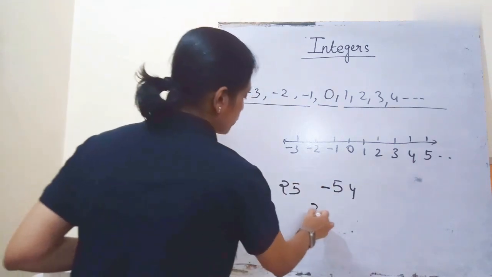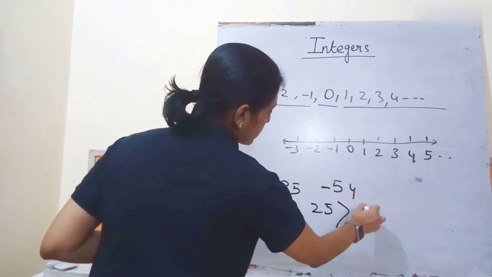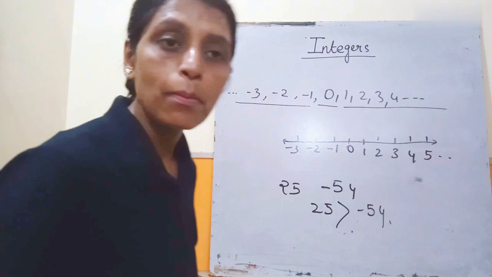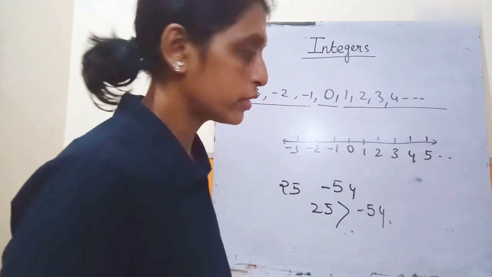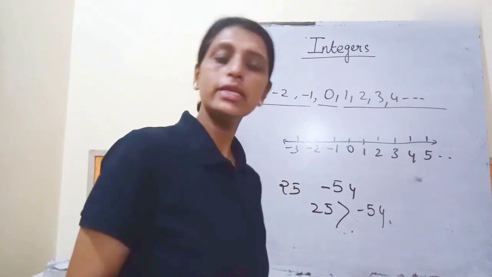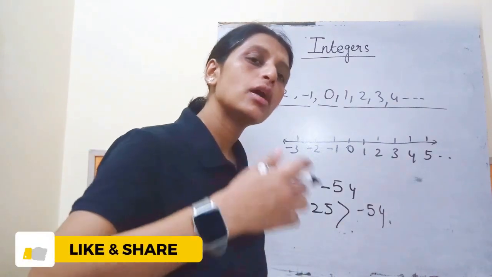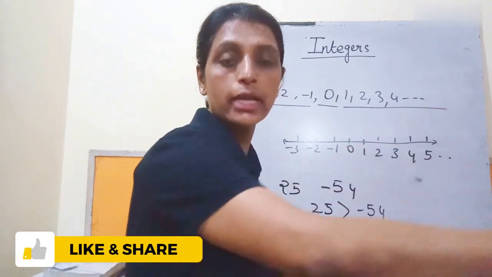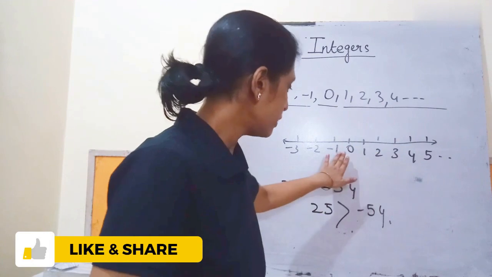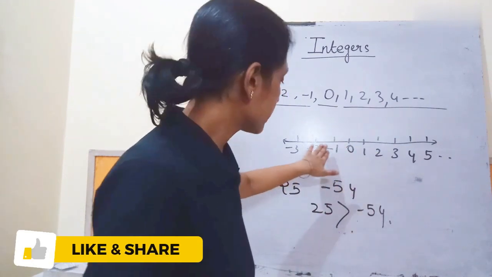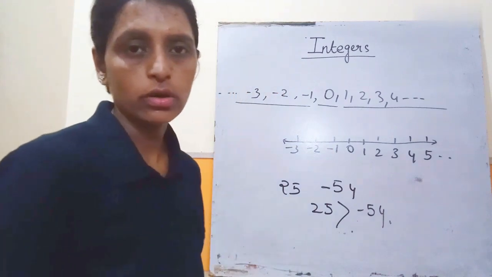So here 25 is bigger than -54, or vice versa, -54 is lesser than 25. तो जितना नंबर आपका राइट हैंड साइड में है on the number line, they go on in an increasing order, and on the left hand side of the number line, this gets into the decreasing order.